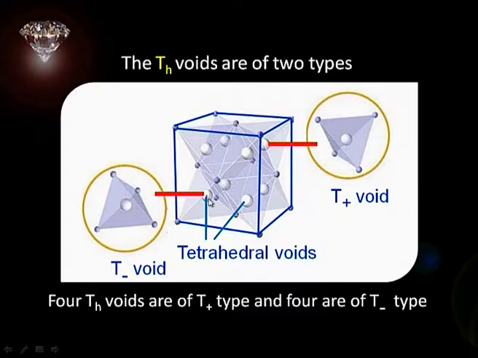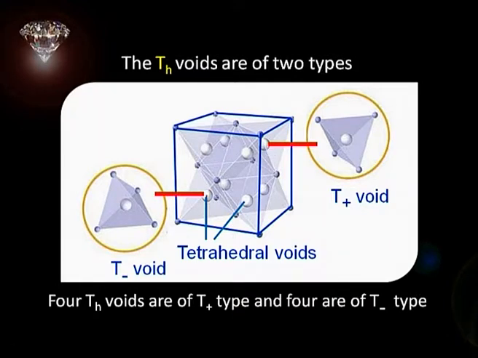So, this tetrahedral void is formed by 3 atoms of the B layer, and the solitary 4th atom happens to be of the preceding layer. So, it is the preceding layer, it is T minus. In this case, 3 atoms belong to my C layer and 1 atom is of the next layer, the succeeding layer. So, it is T plus.